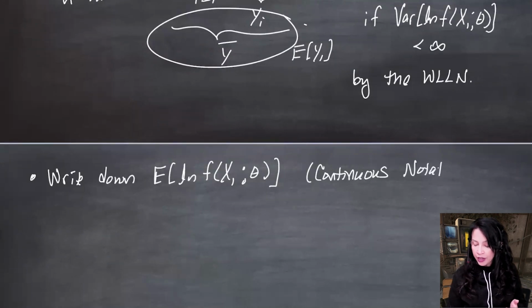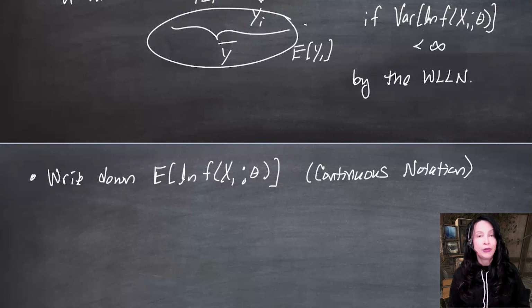And shameless plug for my other course. If you take a course in measure theoretic probability, you learn how to treat the continuous case and the discrete case as one unified case, so you don't have to worry about this sort of thing. But I'm going to choose the continuous case.